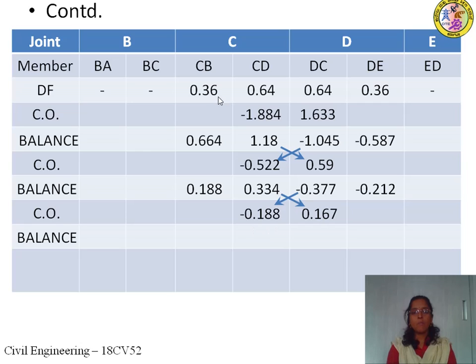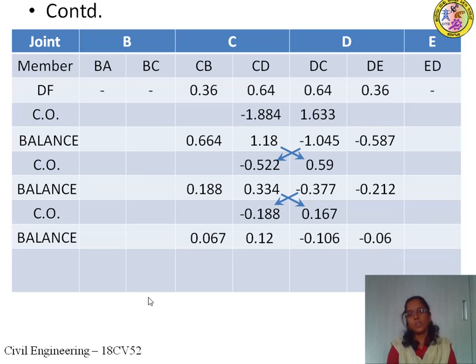So 0.188 into 0.36 will be equal to 0.067, and 0.188 into 0.64 will be equal to 0.12. Next imbalancing moment at D is 0.167. 0.167 into 0.64 will be equal to minus 0.106, and minus 0.167 into 0.36 will be equal to minus 0.06.